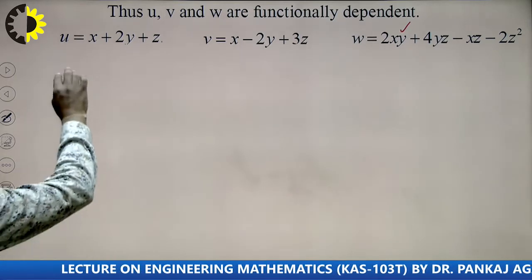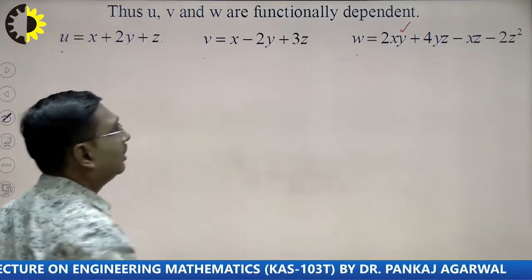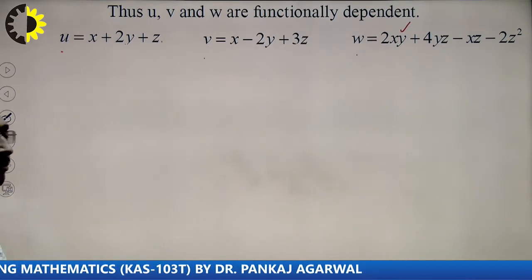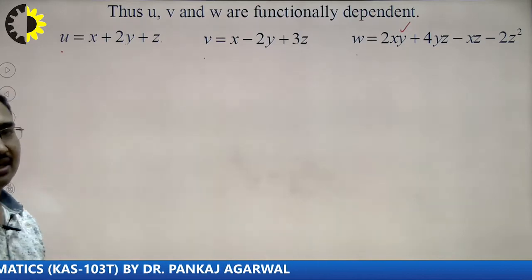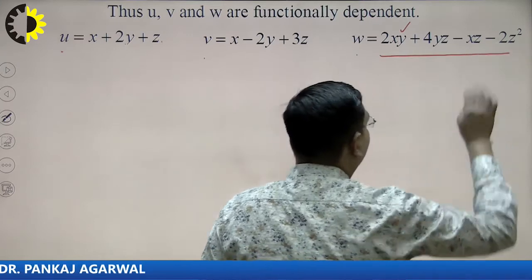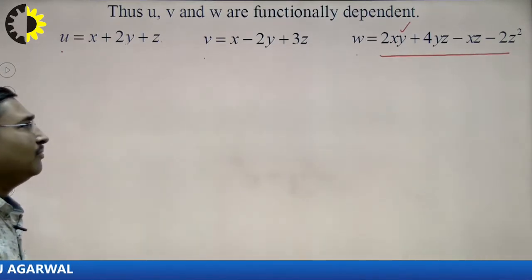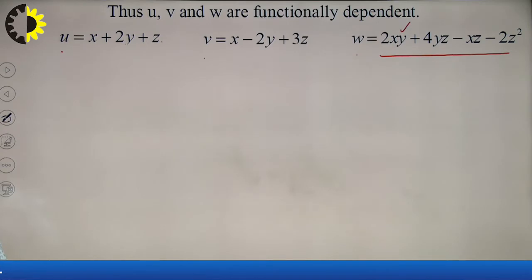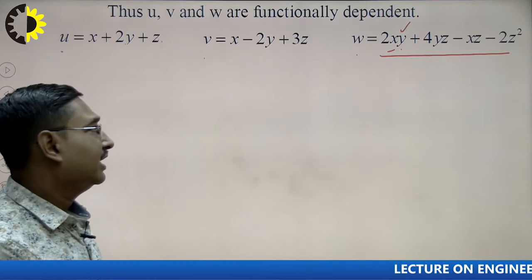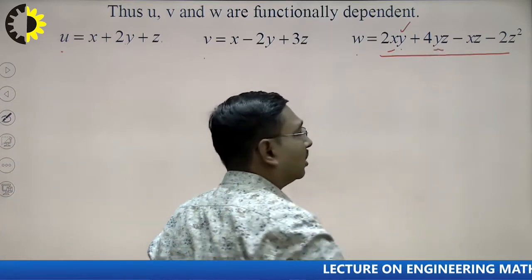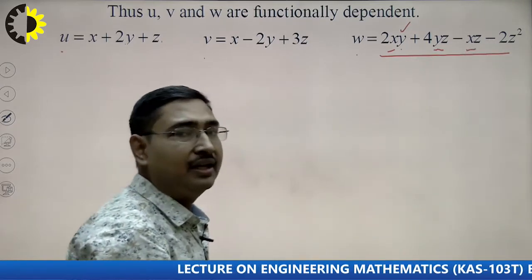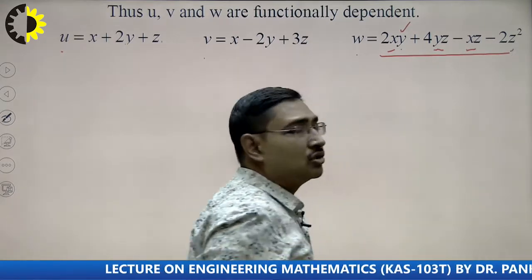Here are u, v and w written here. To find a relation among u, v and w not involving x, y and z, I observe that w is a polynomial in x, y and z having degree 2, because this term is a product of x and y, degree 2, this term is a product of y and z, again degree 2, this is a product of x and z, again degree 2, and this involves z square, so again degree 2.